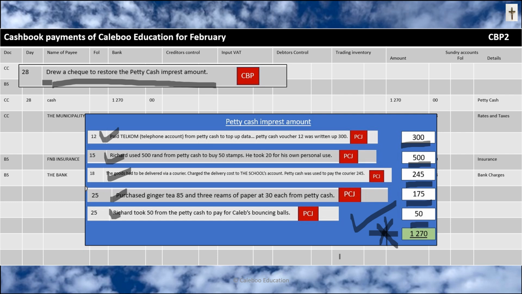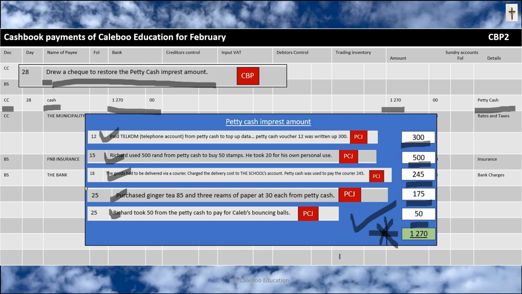So that money needs to be replaced in order to get it back to the Imprest amount, the opening balance amount. So we draw a check and we get cash for this check. So under name of payee you write cash. Where did this money come from? Our current bank account. And where is it going to go?